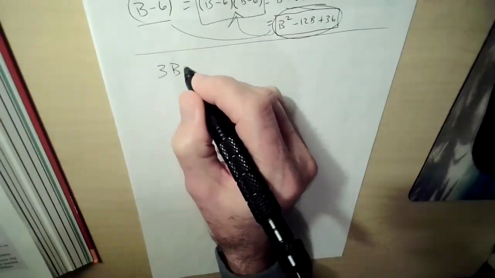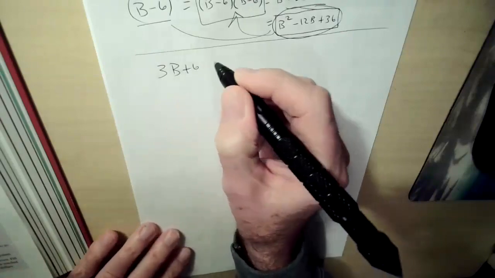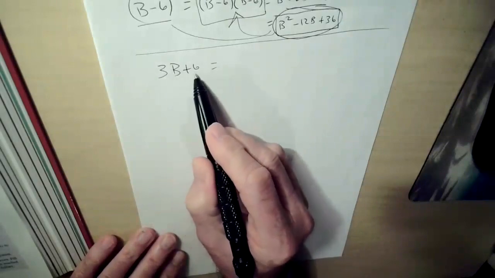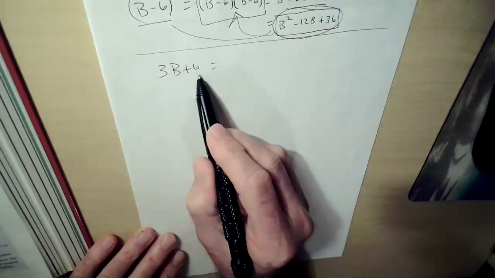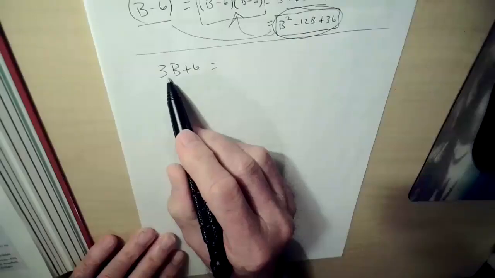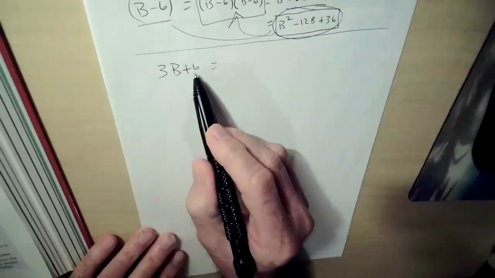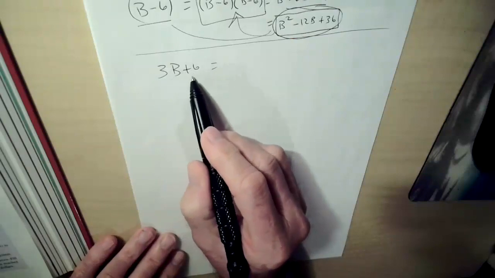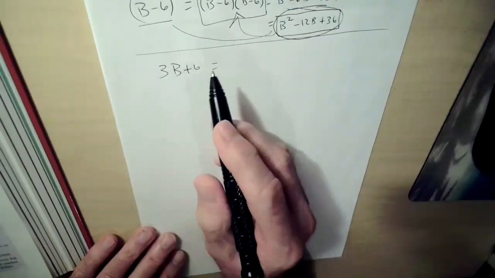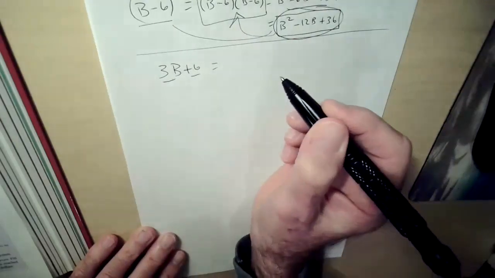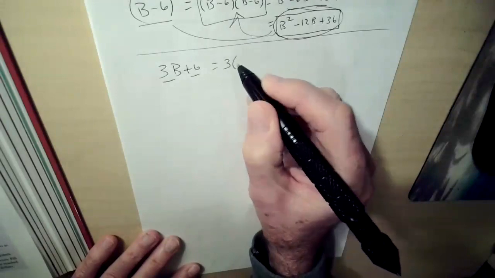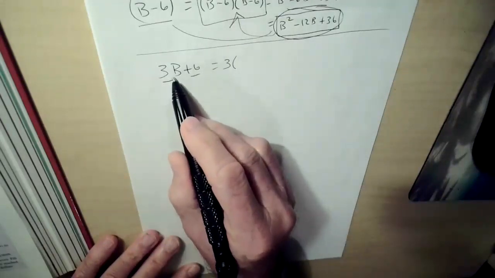First of all, let's say we have 3b plus 6. What can we factor out of both of these terms? It has to be both of them. In other words, what can we multiply 3? It doesn't have to be 3. In this case, it is. We factor something out of each one of these terms equally.